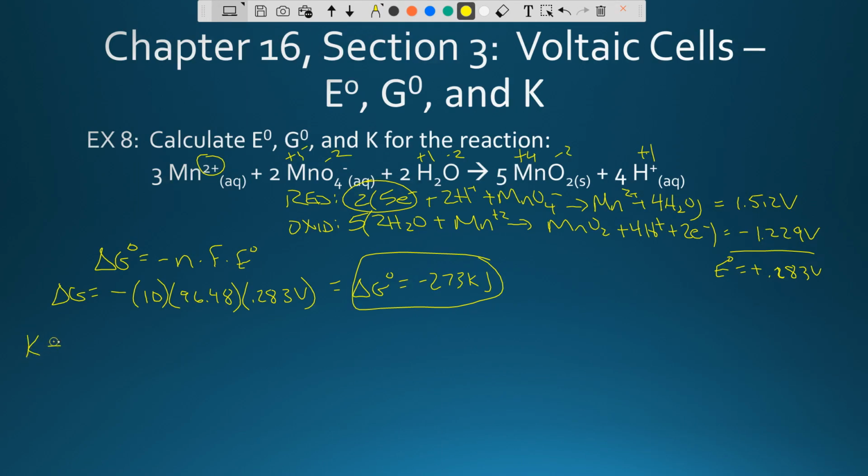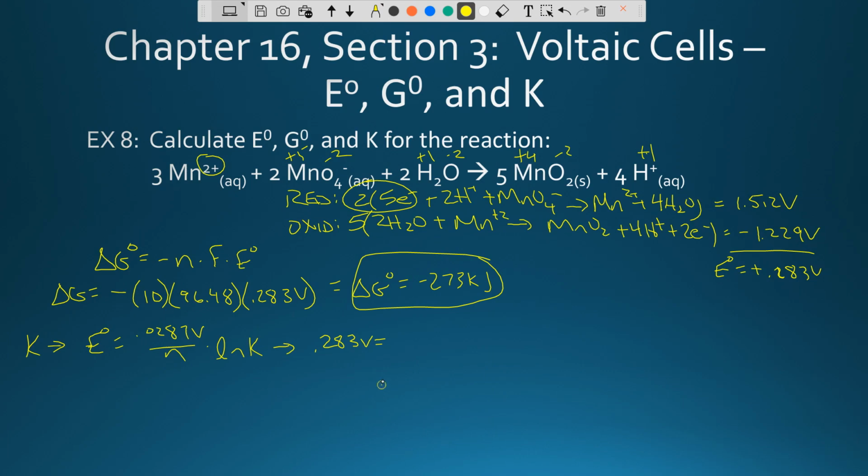So let's find K. To find K, I take my E value, and I take 0.0287 volts divided by my number of electrons times the natural log of K. So let's substitute values in. I see that I have 0.283 for volts.